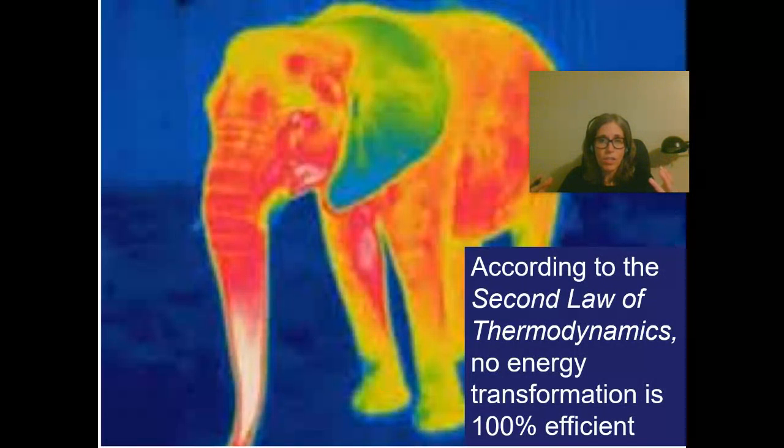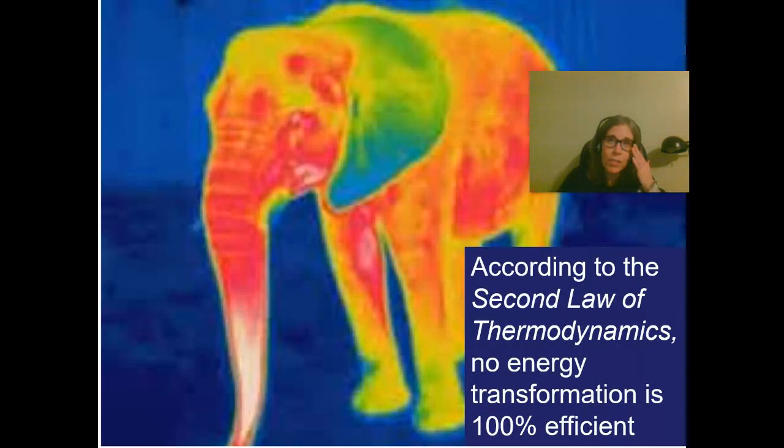So that energy that's converted into heat, it's not destroyed, but it's not usable energy anymore. And so we say that the transformation isn't 100% efficient because 100% of the energy in that food that it ate hasn't been converted into motion or whatever it's supposed to be converted into. Some of it's always lost as heat.